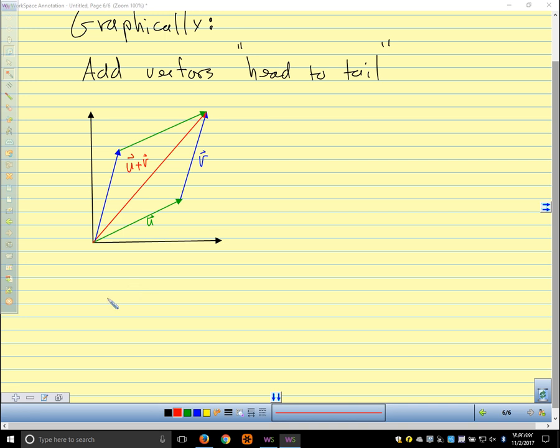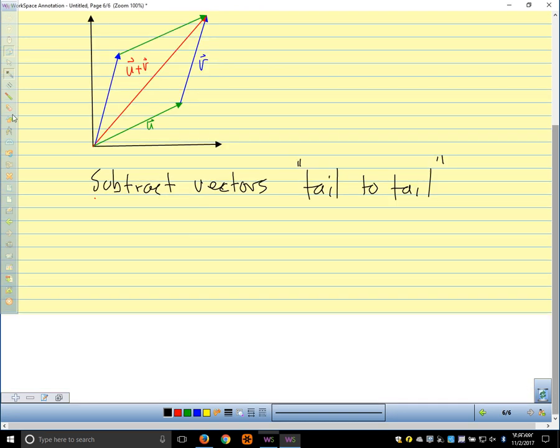And we subtract vectors tail to tail. So same setup, we're going to have our axes here.